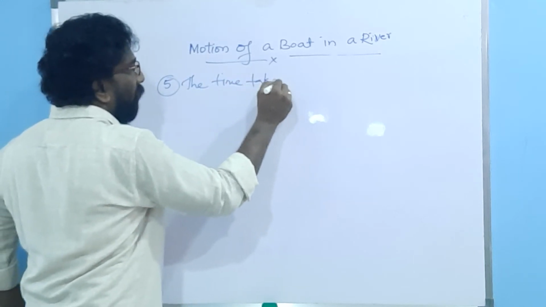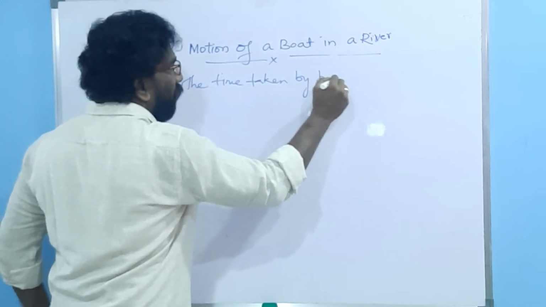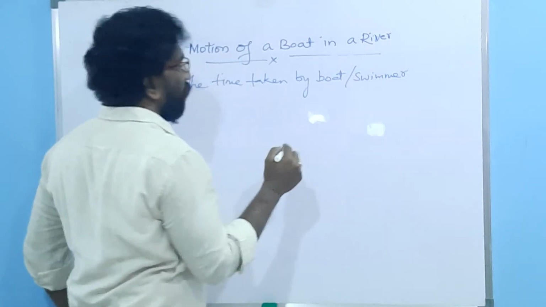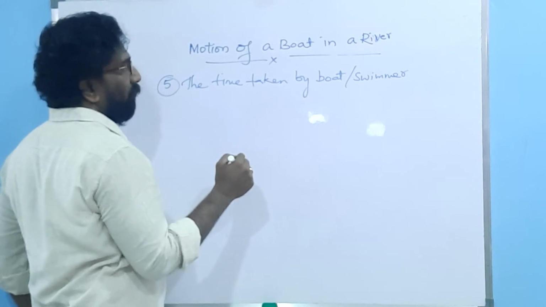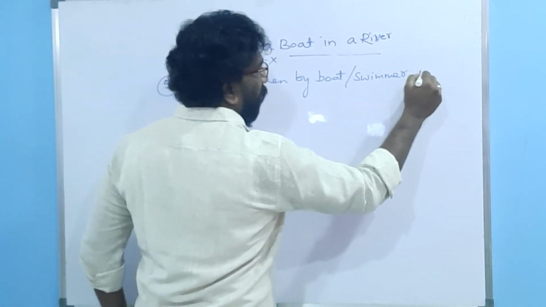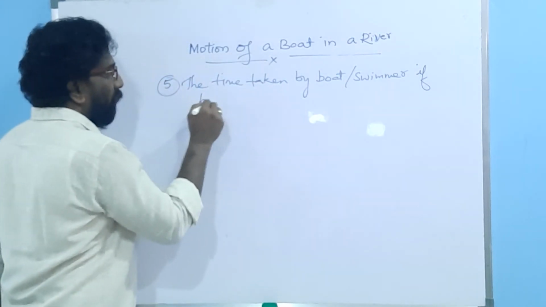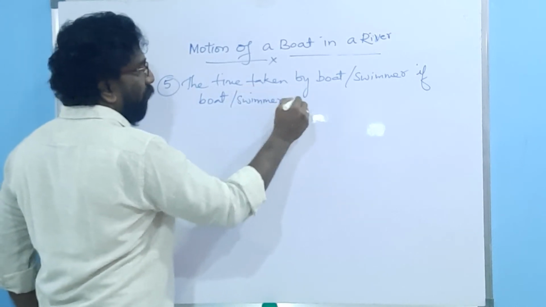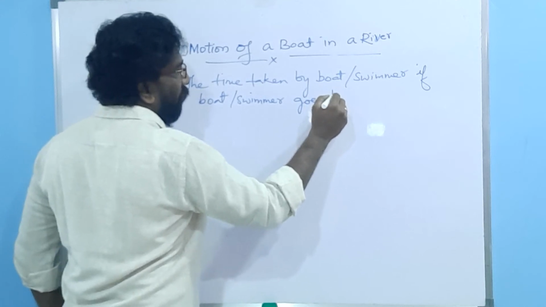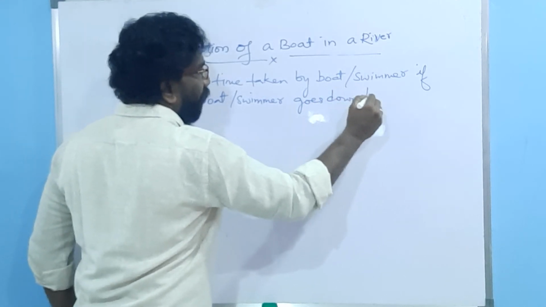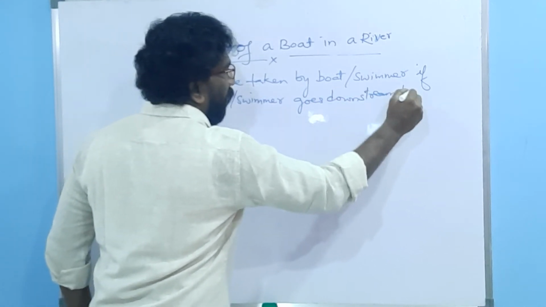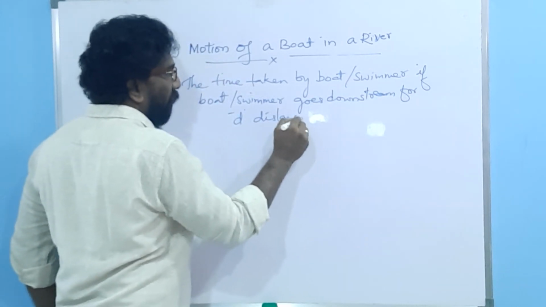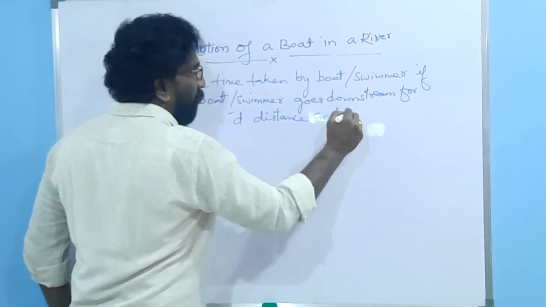Then the fifth one will be the time taken by boat or swimmer if boat or swimmer goes downstream for d distance and comes back.